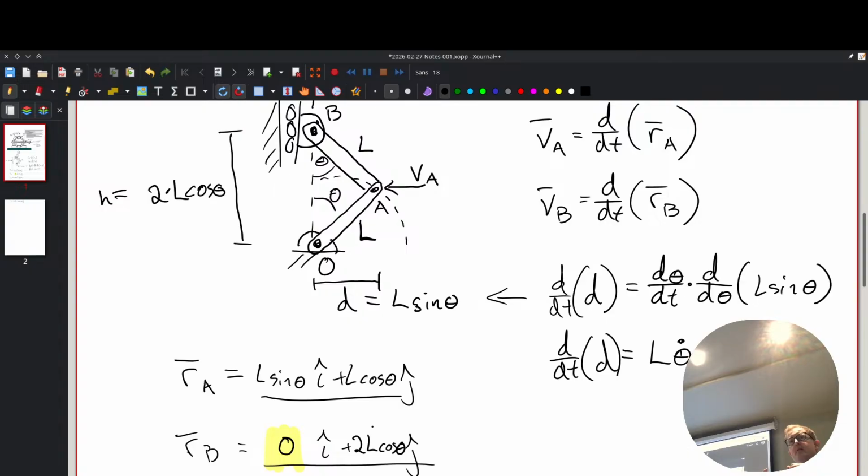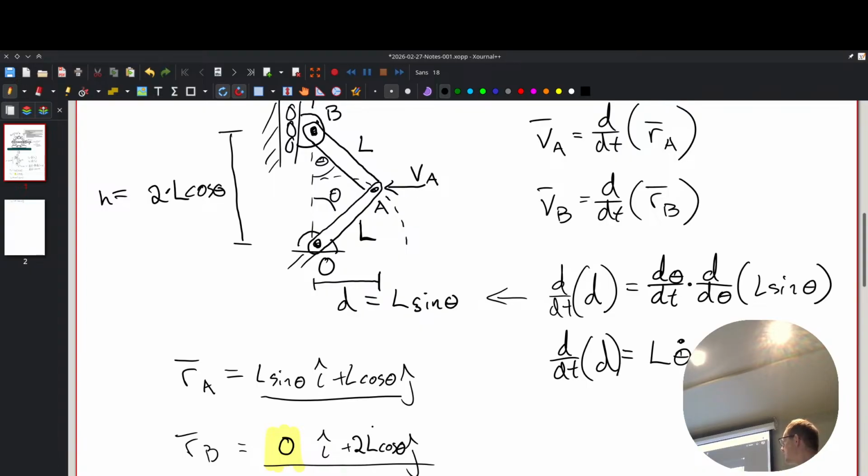S-I-G-N, not sine. Because you said that when theta is minus and theta is positive, but I'm confused. I don't understand how we define the sign of the theta.